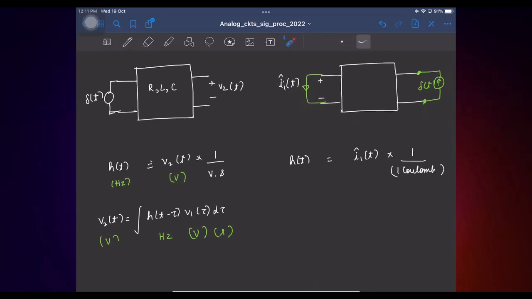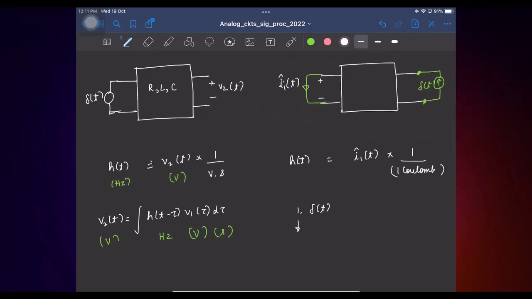So, let's look at this. Where is this 1 coulomb coming from? When I say an impulse current delta of t, this is 1 times delta of t, right? What does this 1 signify? It is the area of the impulse, and here we are talking about a current. The area of current with time is basically charge.